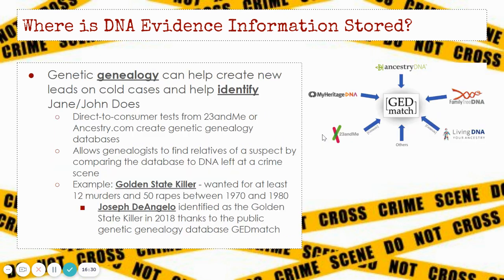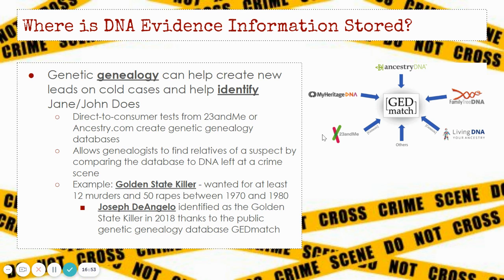Genetic genealogy can help to create new leads on cold cases and help identify what we call Jane or John Does. Those are unknown victims of crimes. Direct-to-consumer tests from companies like 23andMe or Ancestry.com can create genetic genealogy databases. It allows genealogists to find relatives of a suspect by comparing the databases to DNA left at a crime scene.